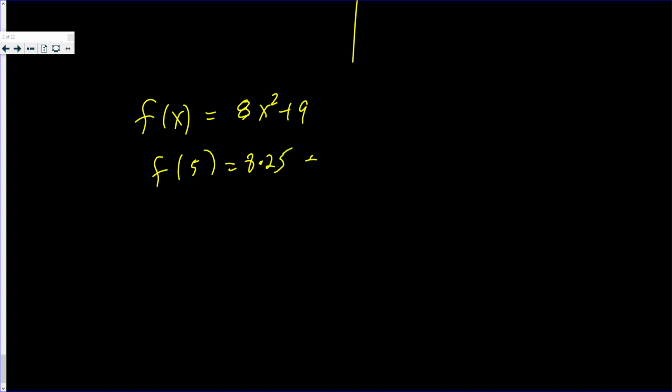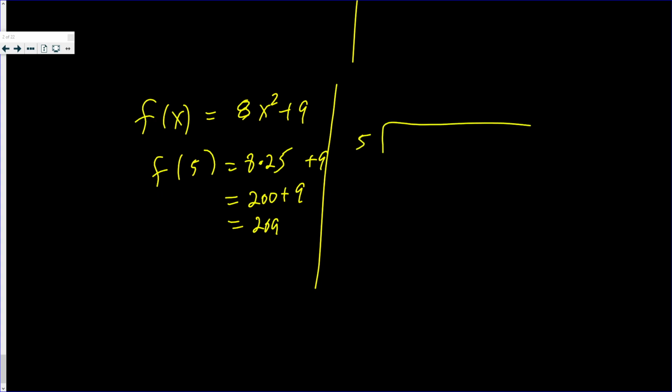Okay, for polynomials. If f of x is 8x squared plus 9, and you want to find f of 5, which is 8 times 5 squared, you should know the value of 8 quarters is 200 plus 9, 209. Or you can do 5, 8x squared, no x's, 9.